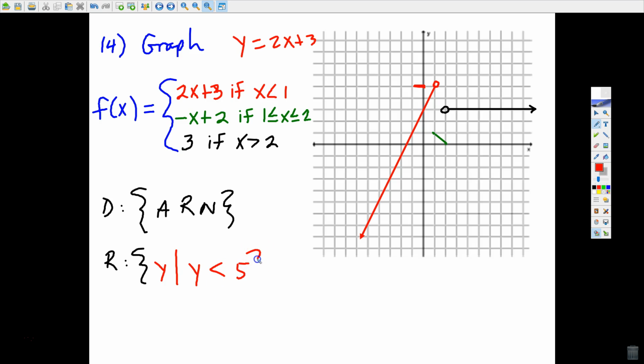All the numbers less than 5 are involved in these three pieces as y-coordinates. Any questions about domain, range, sketching the graph? You feel good? Is it getting easier now that you've done it a few times?